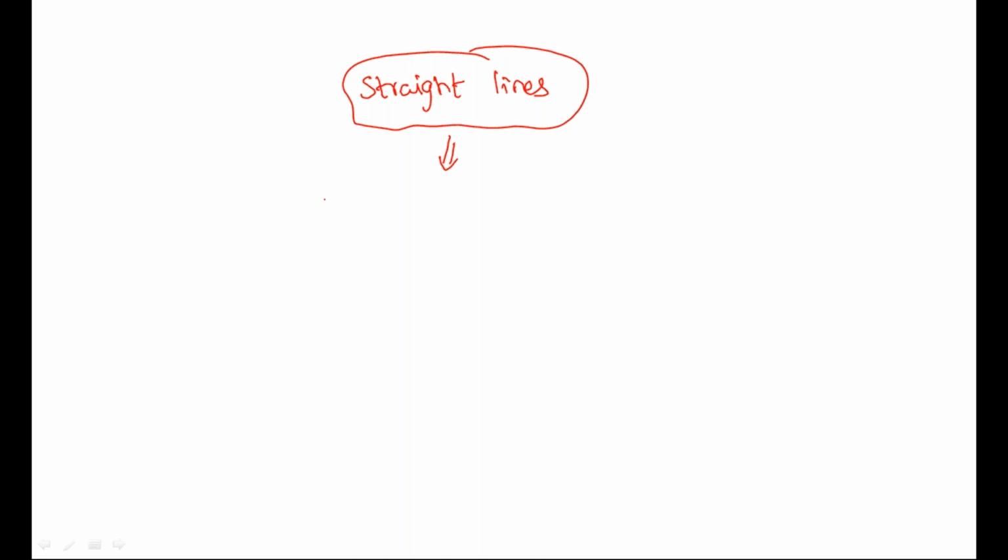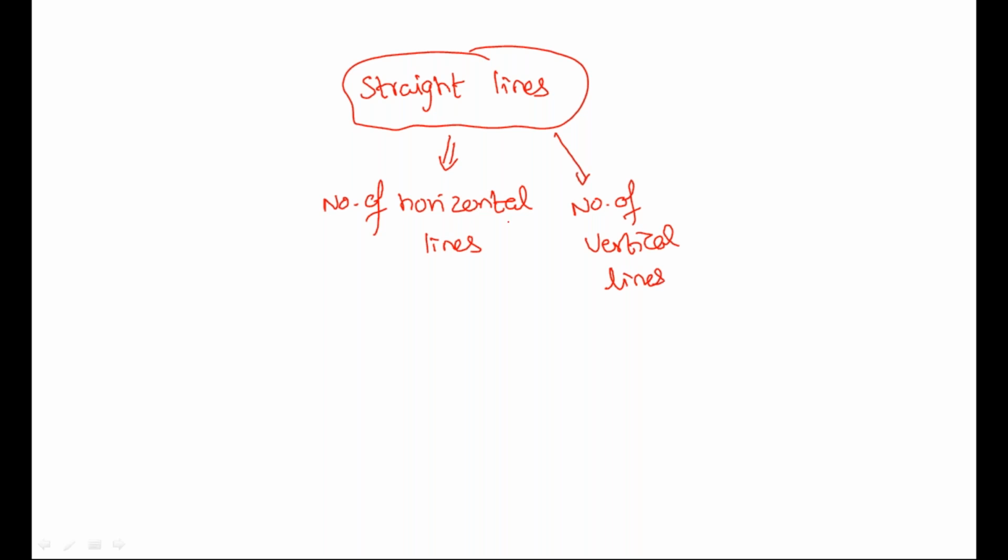What you have to do is count the number of horizontal lines for whatever diagram is given. If you want to count straight lines, count the number of horizontal lines, the number of vertical lines, and the number of cross lines. That will give the total number of straight lines.